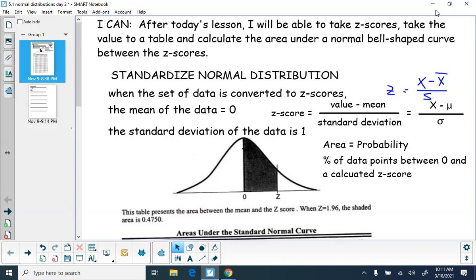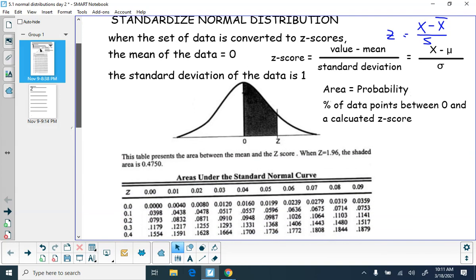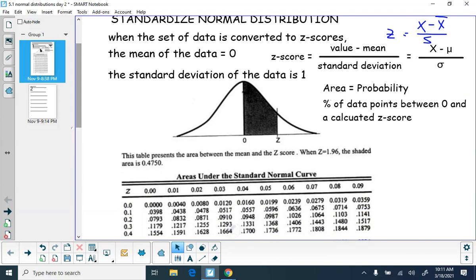Well, what we talked about yesterday was the area underneath this curve is a value of 1. If we have a z value, I gave you a table.